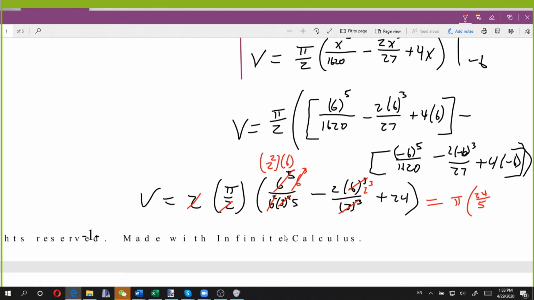Minus 2 to the 4th power is 16 plus 24. Okay, the 24 minus 16 is 8. If I want to put that over 5 to get a common denominator, then that would give me 24 fifths minus 40 fifths, or 16 fifths times pi.